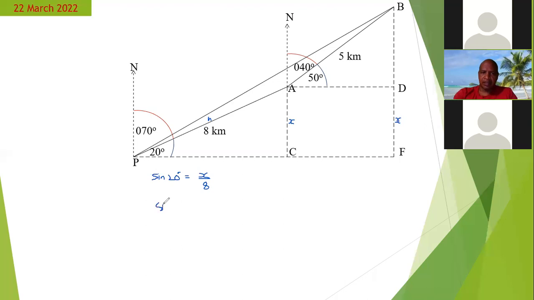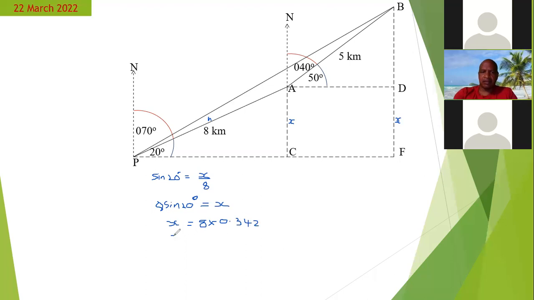All right, so 8 sine 20, yes, sir, it will be 0.342. So X would be equal to 8 times 0.342, sir.